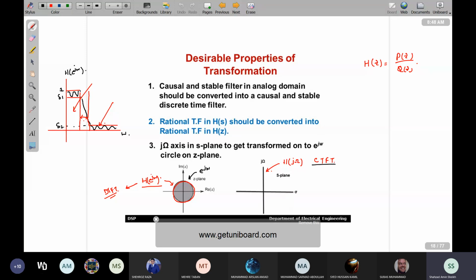So when this transformation is in action, this e to the power j omega circle should be transformed onto H(j omega), because j omega axis is in fact the CTFT. So the j omega axis should be transformed onto the e to the power j omega circle, so that the specification is transformed, and the filter obtained in H(j omega) terms, the CTFT terms, is transformed back into e to the power j omega terms, which is the DTFT.